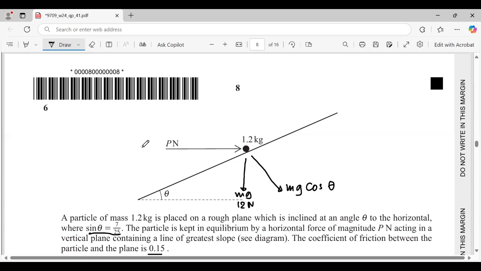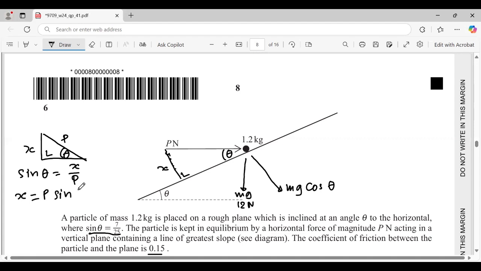And I would like to sketch a straight line here. This is X. And if the right angle triangle is like this, and this is theta, so X, this is P. It means sine theta equals X over P, or X equals P sine theta, like this.